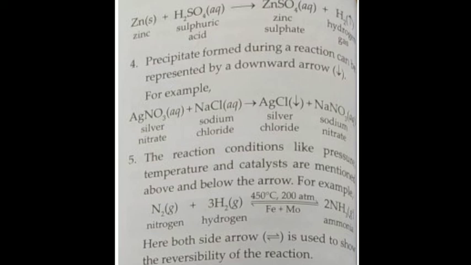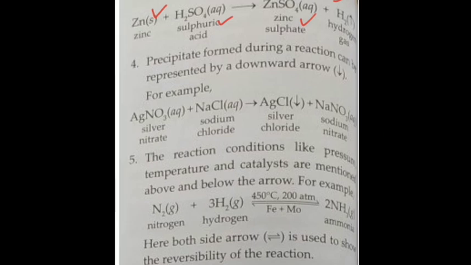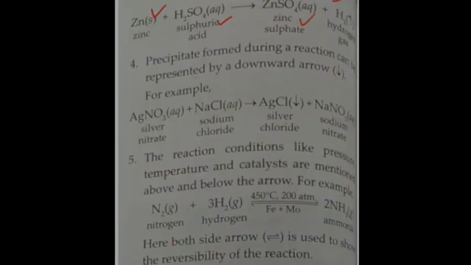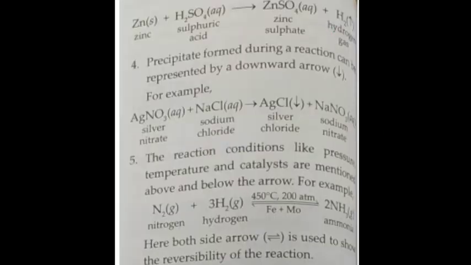You can see the various symbols that are given: zinc is solid and sulfuric acid is aqueous, and this zinc sulfate is again aqueous, that is dissolved in water, and H2 is hydrogen gas, and you can see this upward arrow next to the hydrogen gas.